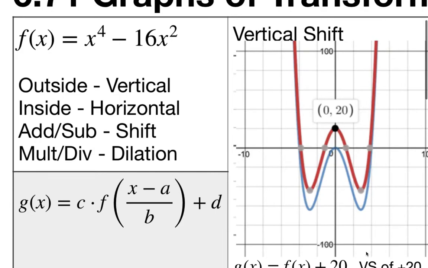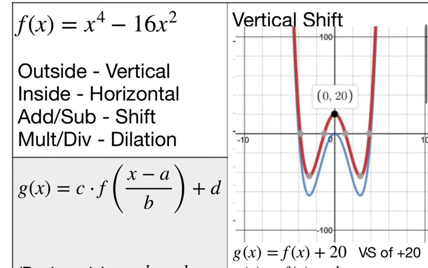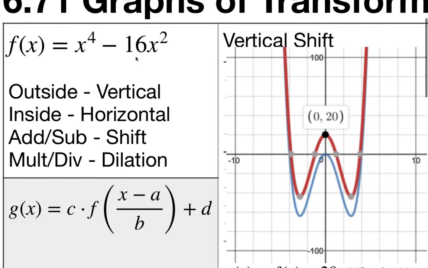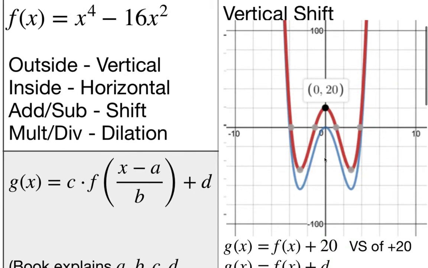So let's do just a little quick reminder. For the next couple of graphs, we're going to do the function f of x is equal to x to the 4th minus 16x squared, just so you can see what it looks like. So here's the blue, and if you do a vertical shift of plus 20, then it would look like this.